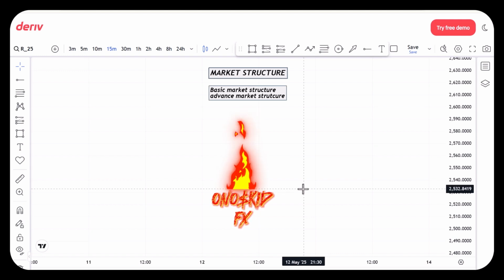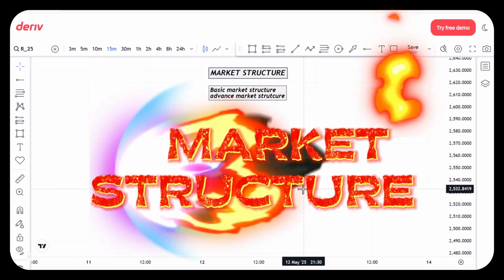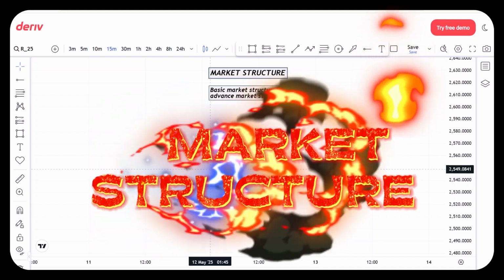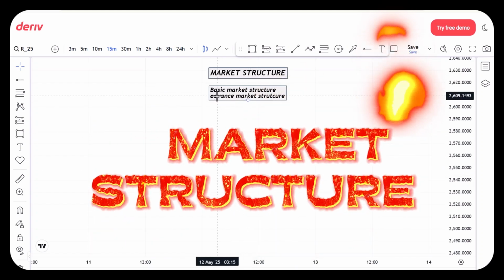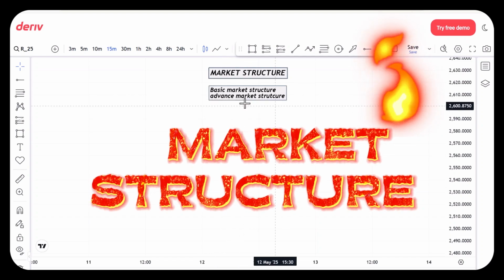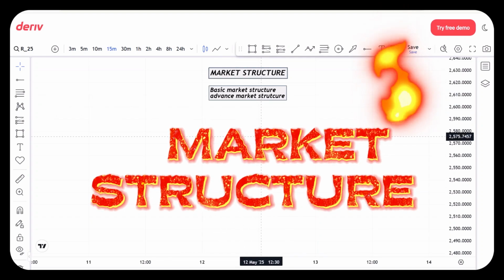And I also said that when these candles are in hundreds, thousands, and millions, they combine and give birth to what we call market structure. So we are going to look at market structure today, and the market structure we are looking at is classified into basic market structure and advanced market structure.